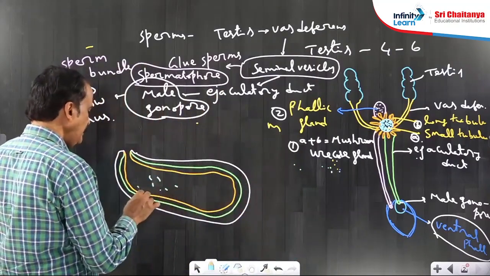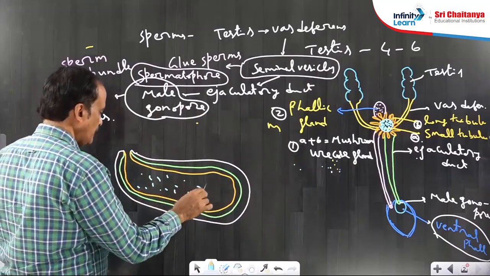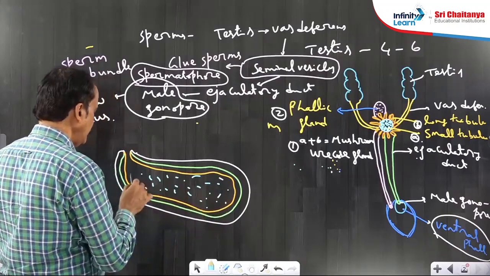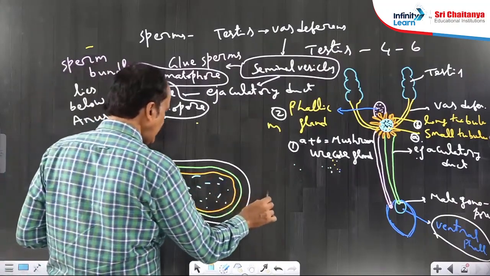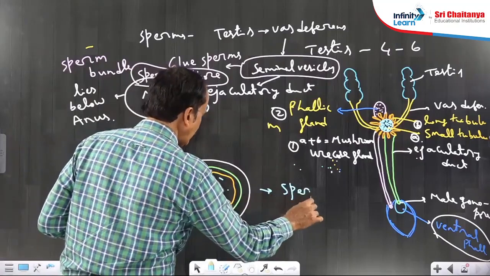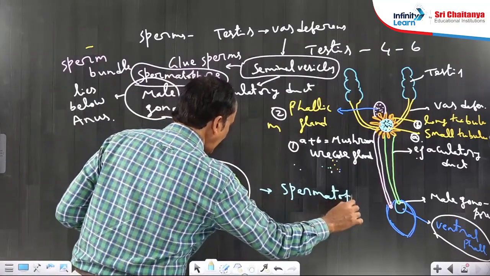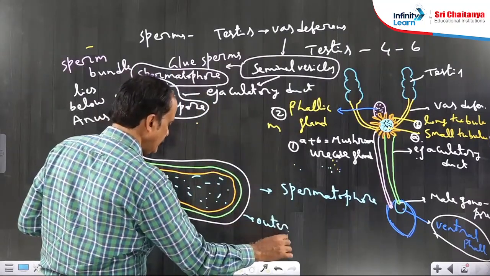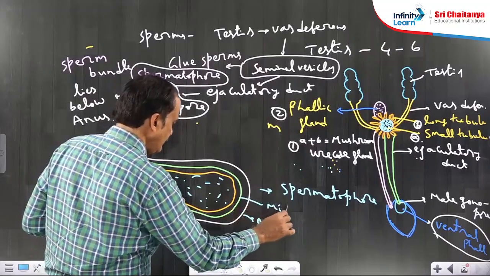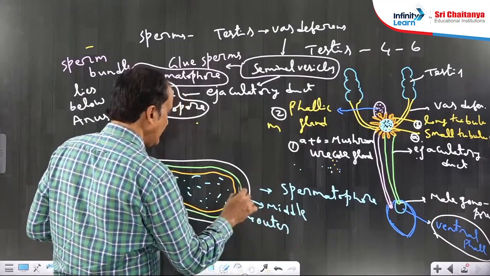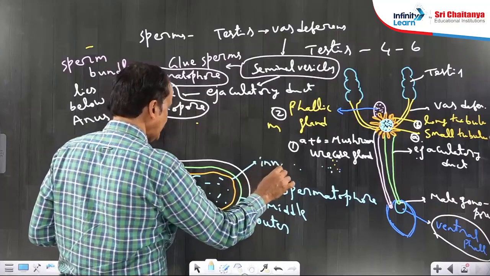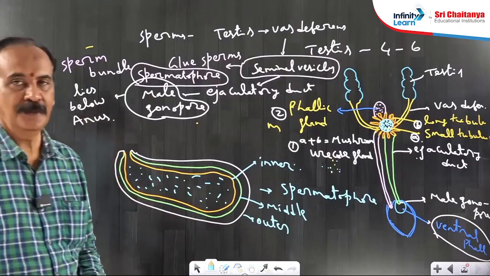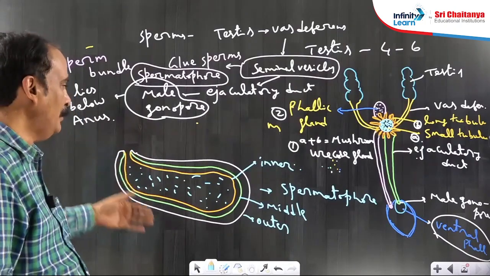Sperms are present inside this spermatophore. So this structure is referred to as the spermatophore or the sperm bundle having 3 layers. This is the outer layer, the middle, and the brown is the inner layer. This structure attaches to the spermatheca of the female cockroach at the time of copulation.